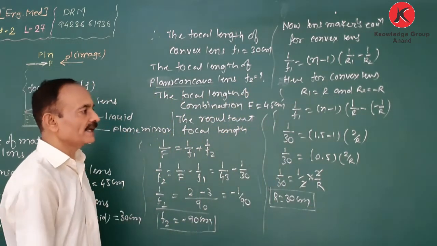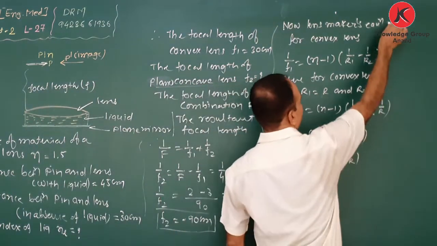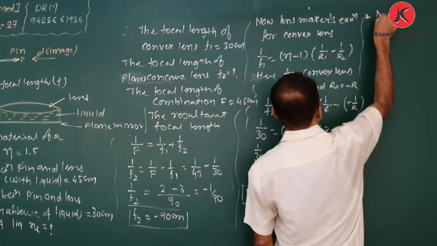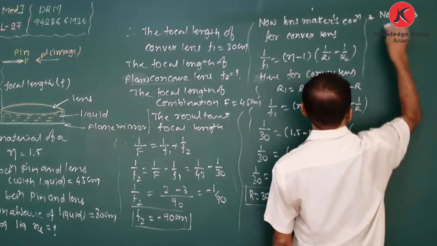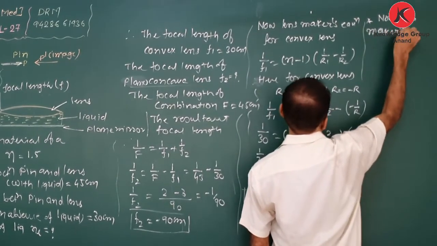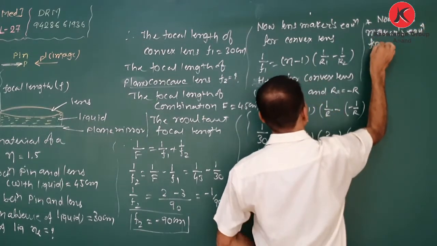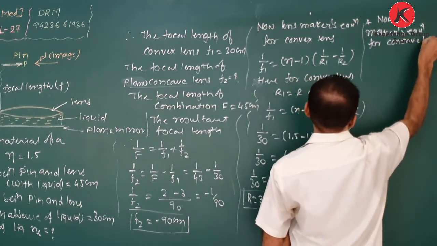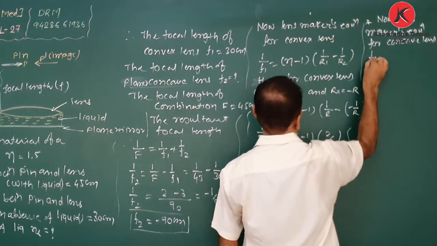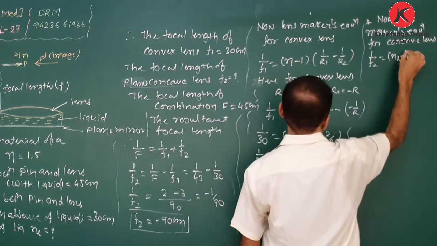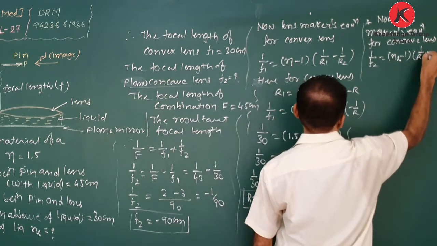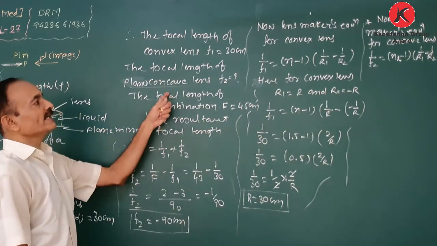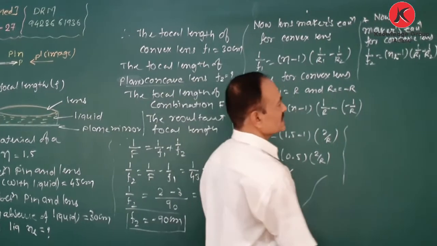Now the effective index of the liquid. For that purpose, here we are using the Lensmaker's equation for the plano-concave lens: 1 upon F2 is equal to (NL minus 1) into (1 upon R1 minus 1 upon R2). Now listen, here for the plano-concave lens, one surface has infinite radius of curvature.